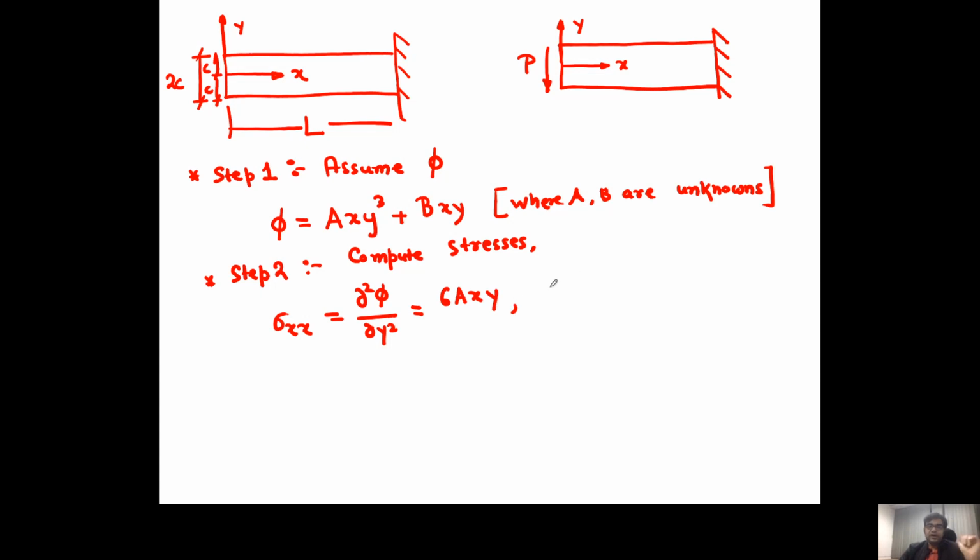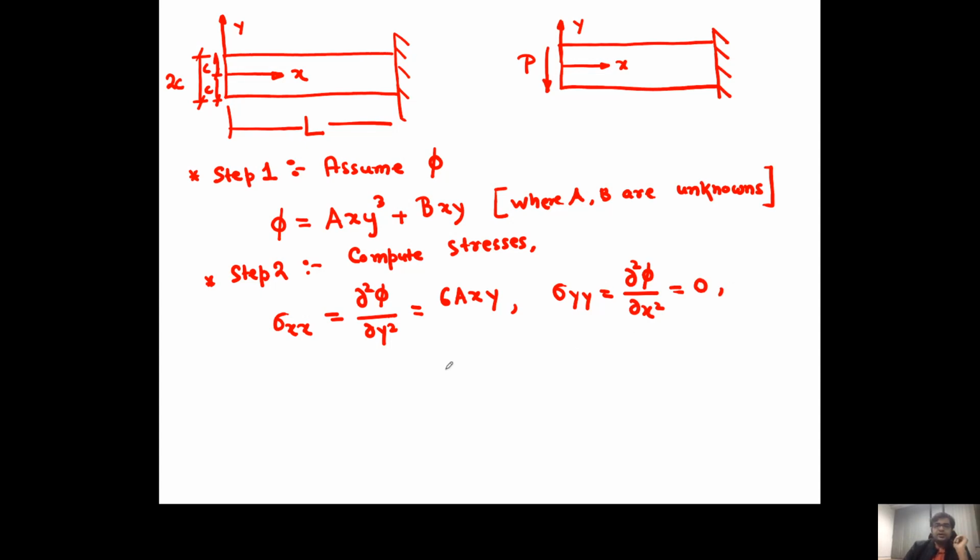Then we have sigma yy, which is del 2 phi by del x2, which will become equal to 0.